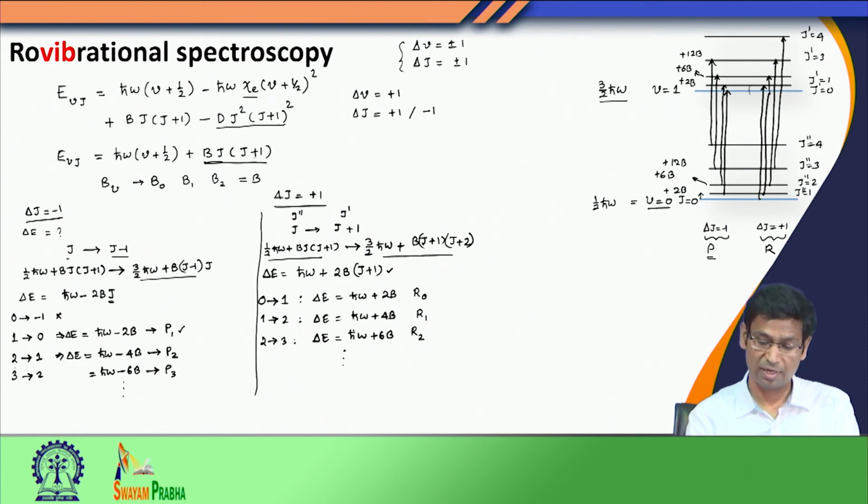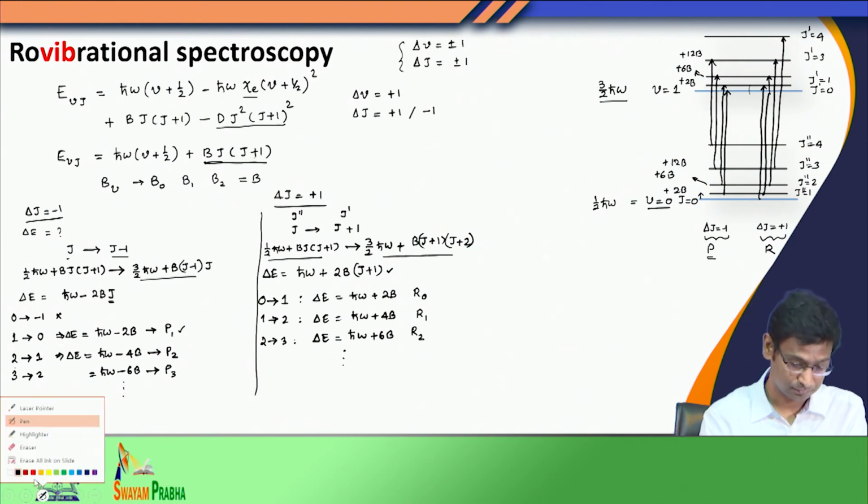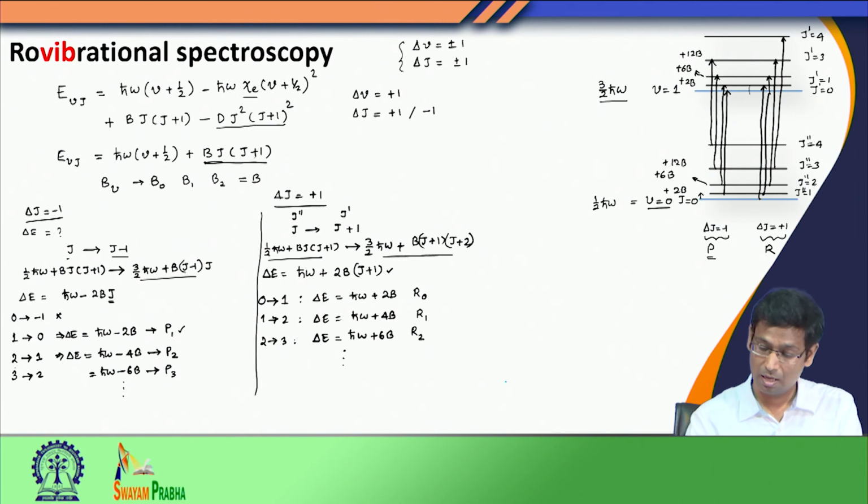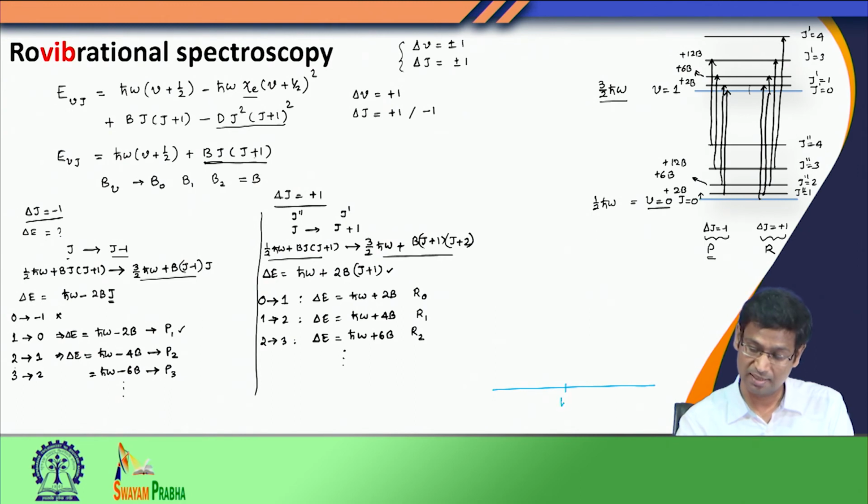If we translate this to a spectrum, suppose I have this energy axis and this is my h bar omega. I draw some grid where the separation of each point is 2b.